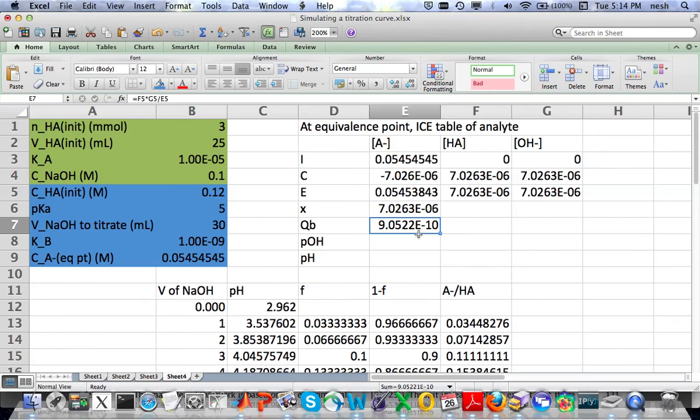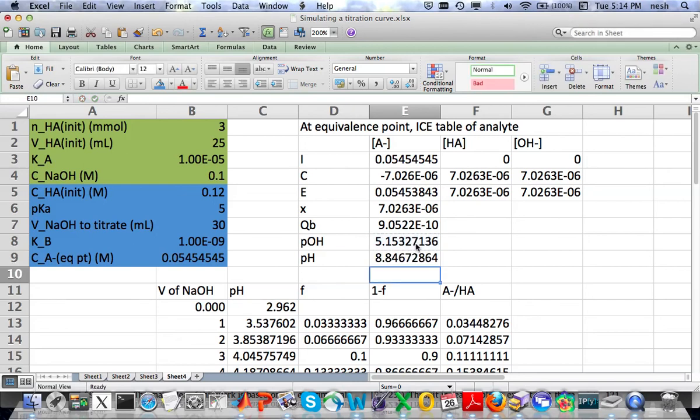Then the pH would have to be equal to the negative of the log of the OH minus, if you want to give that a shot. All right, I should say minus log of the OH minus. That's the pOH. And then the pH, of course, will be equal to 14 minus the pOH.